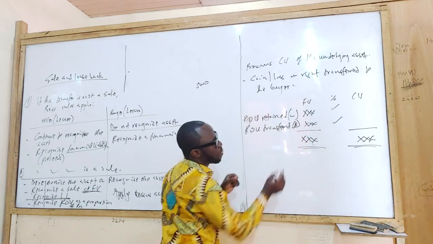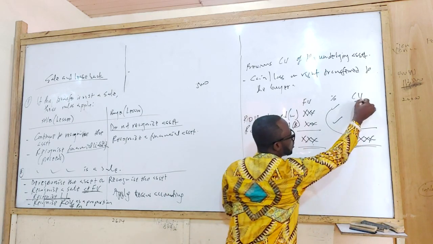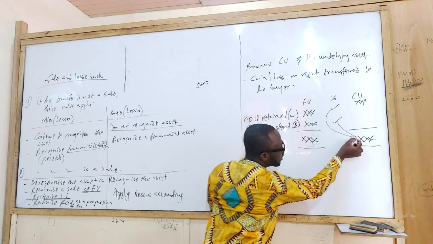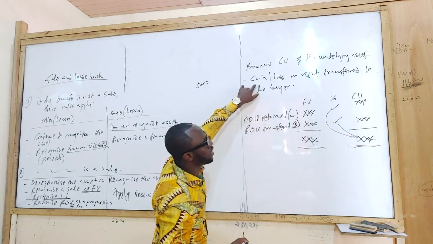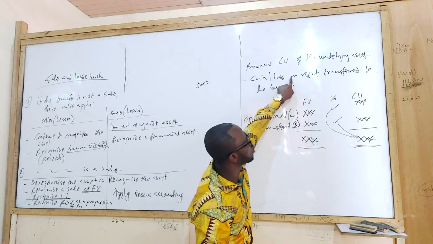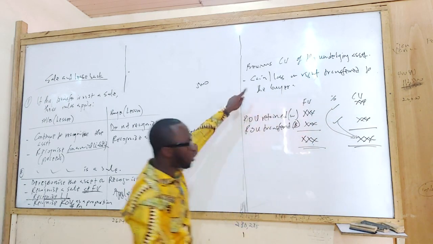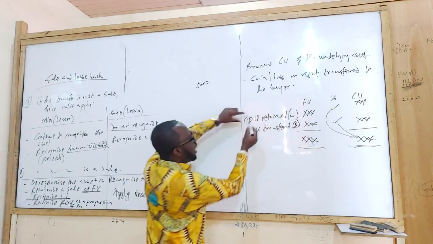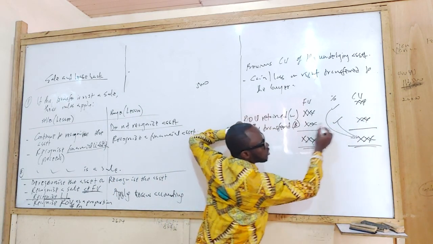Now here we are. We will take a percentage of this, that's what goes here. We'll take a percentage of this, that's what goes here. Remember the last statement I made here. I said gain or loss on rights transferred to what? The buyer. So we recognize gain or loss. How do we get it? If this is the right we retained, then the right we transferred is this one.